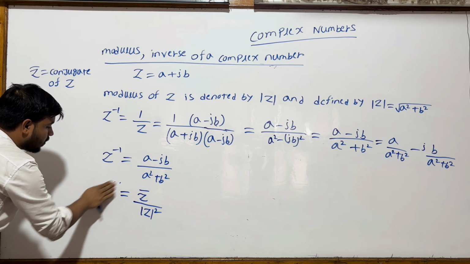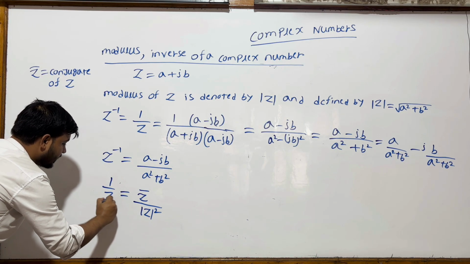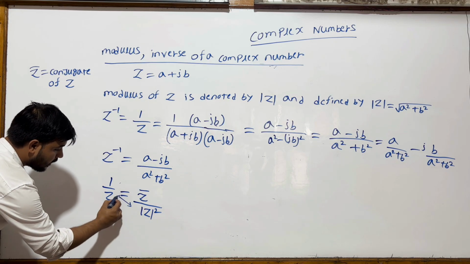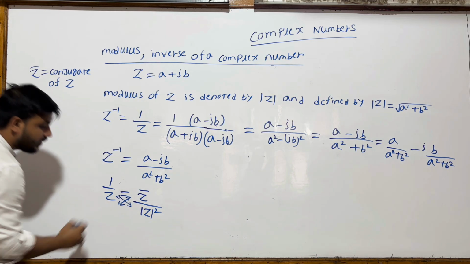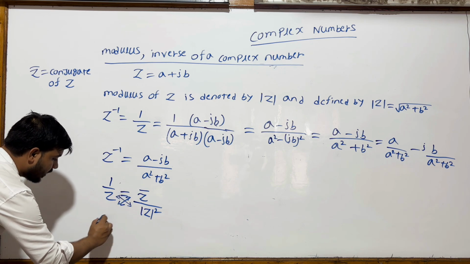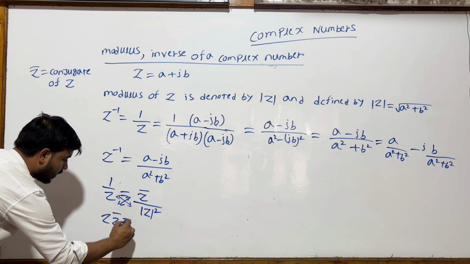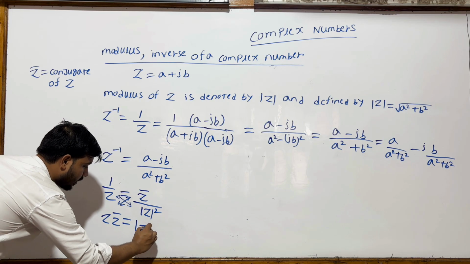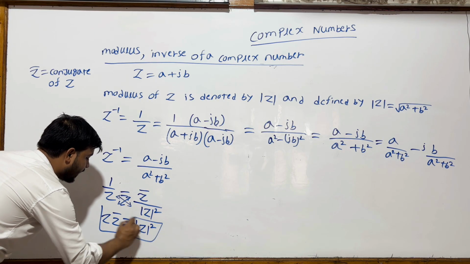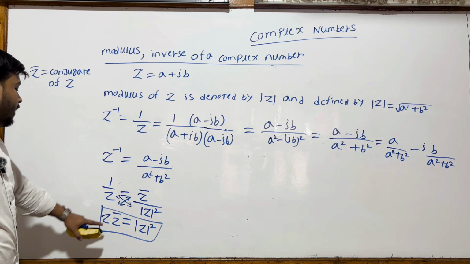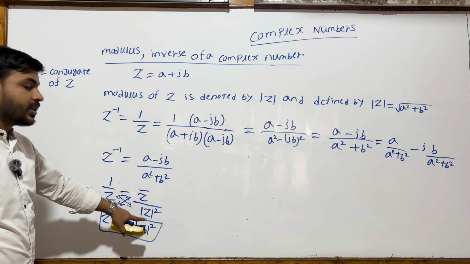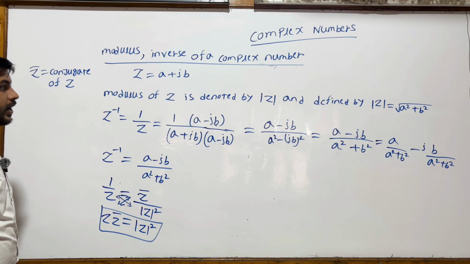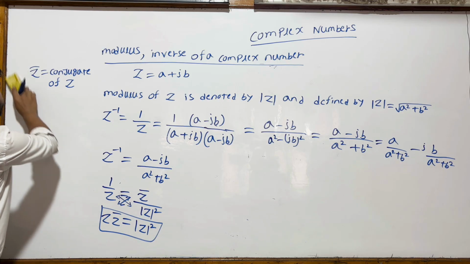So z inverse, we put equal to 1 by z. If we just cross multiply, what will we get? z into z bar equals 1 into mod z whole square, that is mod z whole square. So this is a very important relation: z into z bar is equal to mod z whole square. Okay, understand?